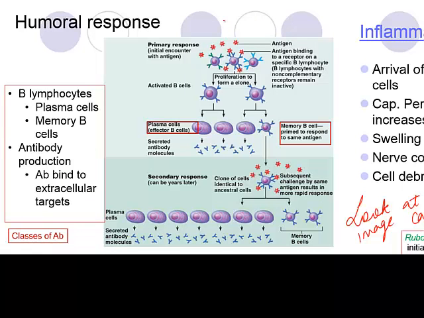So the B lymphocytes, most of them get converted into plasma cells. A few of them get converted into memory cells. The memory cells are those cells which will now remember that antigen. These plasma cells are also known as effector cells.